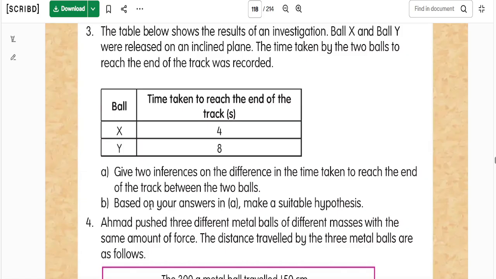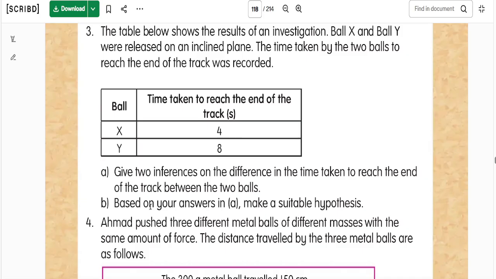This is asking you the reason. What could be the reason? Because the same distance, same plane, why does one take more time than the other? What do you think? Because the faster one has more force.